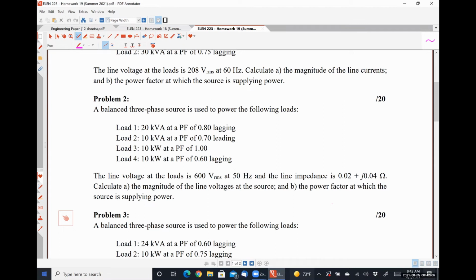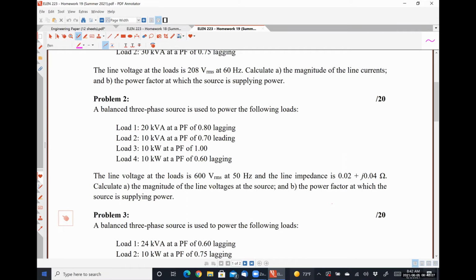The only thing I would make sure that you think about here is that when you're doing the calculation steps for part A, you're going to be figuring out effectively what the losses are, or you'll have the information to figure out what the losses are over one phase of the transmission line.